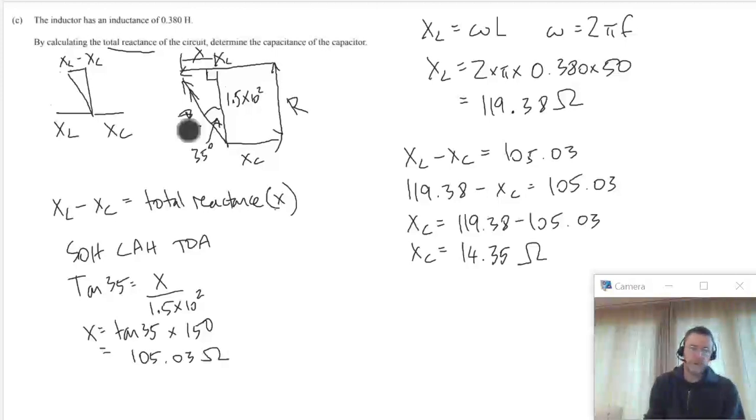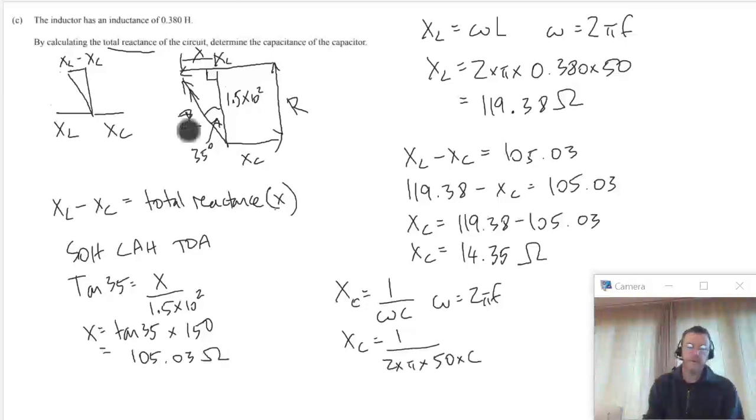So we're going to go back to our formula sheet again and see that XC equals 1 over omega C, and again omega equals 2 pi f. So XC equals 1 over 2 times pi times 50 times C. Actually, let's sub in here 14.35, and we solve this out.